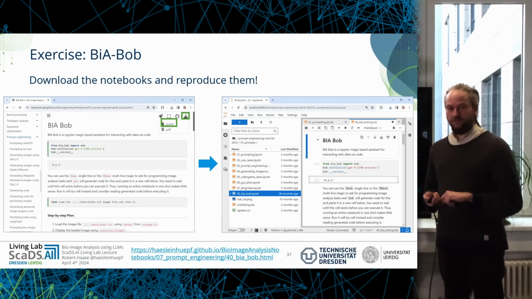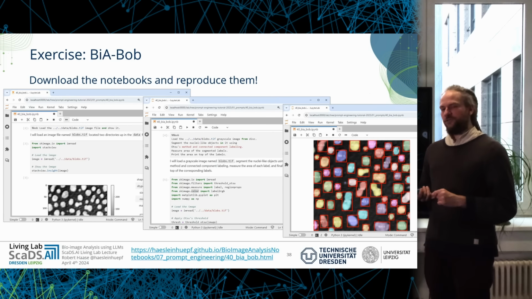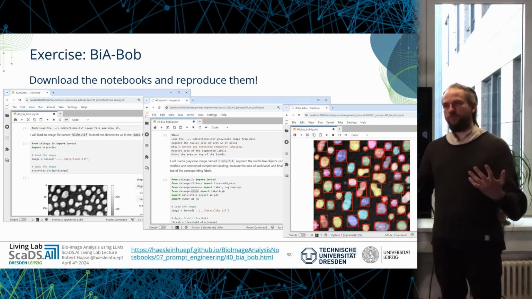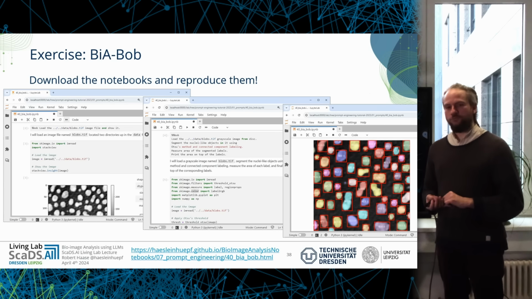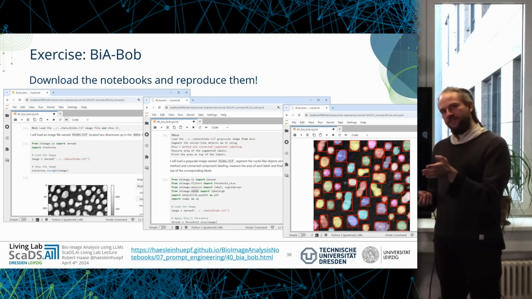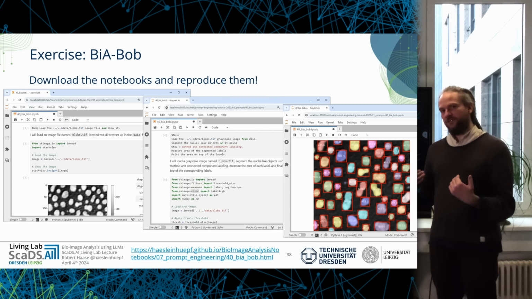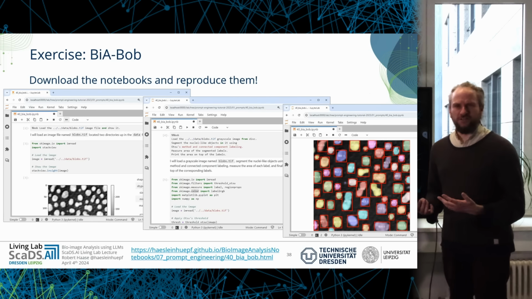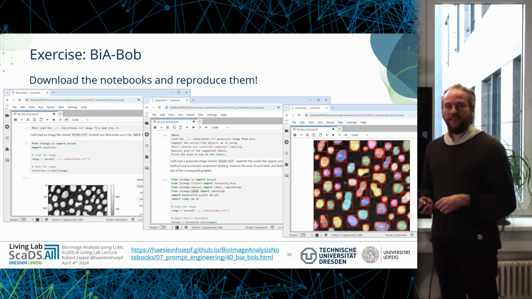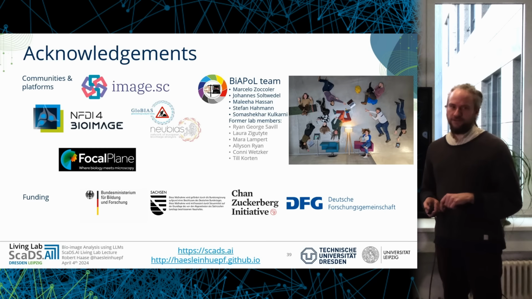You just install it and download the notebooks as well. You will also see, in particular when multiple of you are doing it together in one room, that the results are varying. It's quite fascinating: you ask for the same thing and different results come out. So how reliable is this technology actually? Again, an active research field, very fascinating.